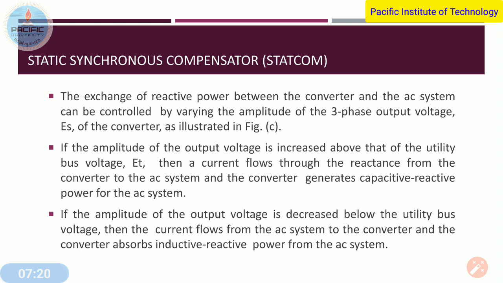Now, if the amplitude of the output voltage is increased above the utility bus voltage ET, then a current flows through the reactance from the converter to the AC system, and the converter generates capacitive reactive power for the AC system. Right? And if the amplitude of the output voltage is decreased below the utility bus voltage, then the current flows from the AC system to the converter, and the converter absorbs inductive reactive power from the AC system.